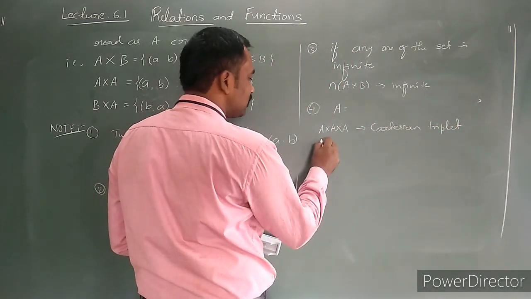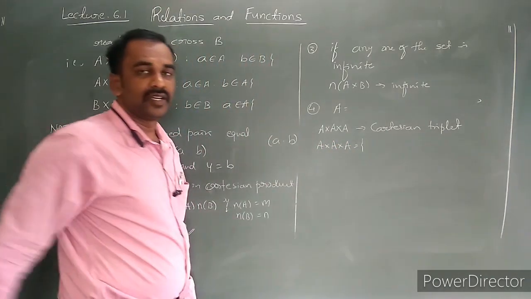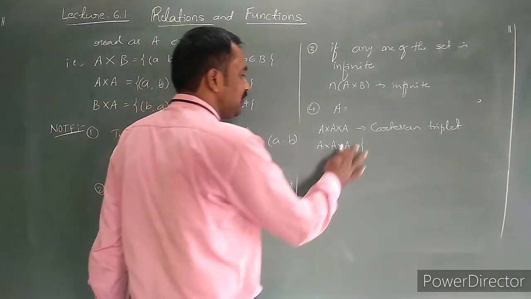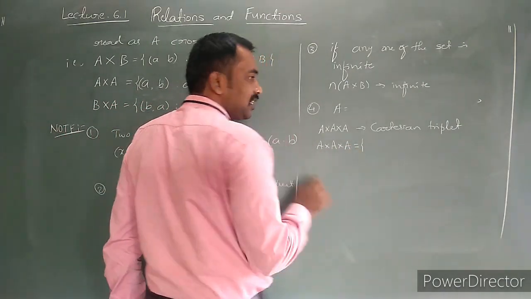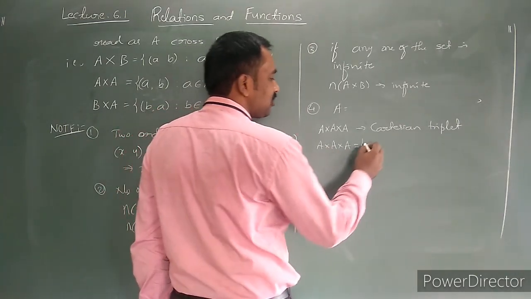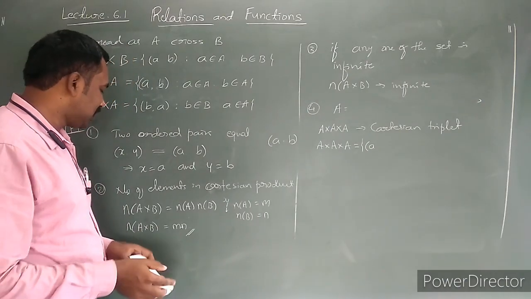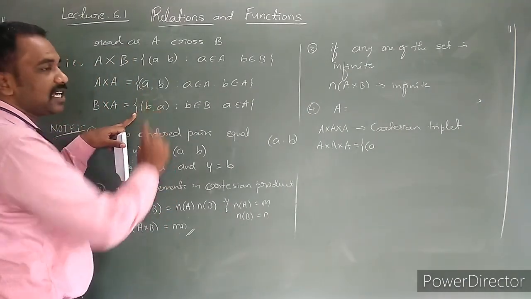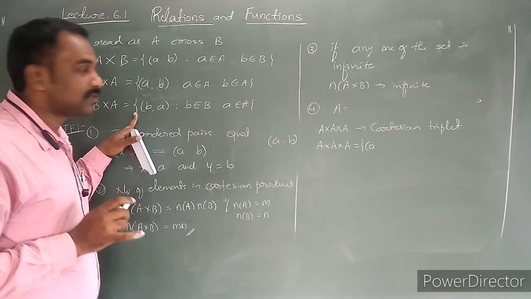Cartesian triplet. How to write this one, in general, I am just writing. I will take examples in an upcoming video, nothing to worry. A cross B is nothing but, you have taken only two elements, a comma b, an ordered pair: two numbers arranged in a specific manner.